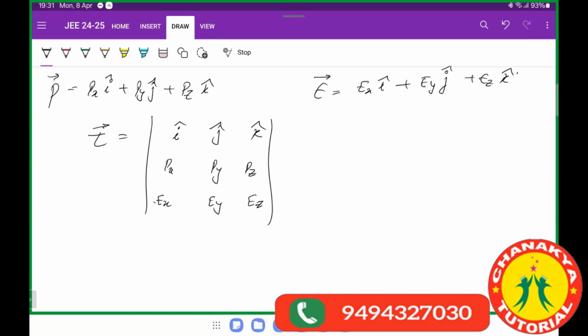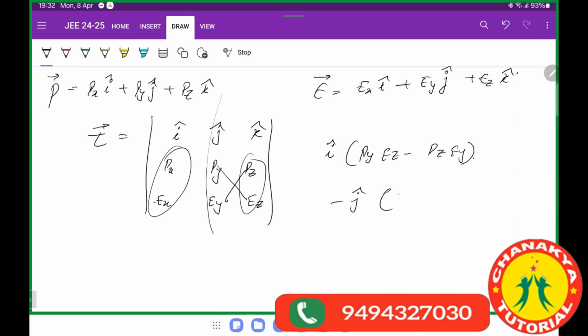If you know it or not, just check it. It's very simple. When you have three, then simply do it this way. Otherwise, if it is 1 or 2, then you can simply multiply in the normal way. But for 3, this is the easy way. i cap into the multiplication of this: PyEz minus PzEy. Minus j, leave this column and this one: PxEz minus PzEx.